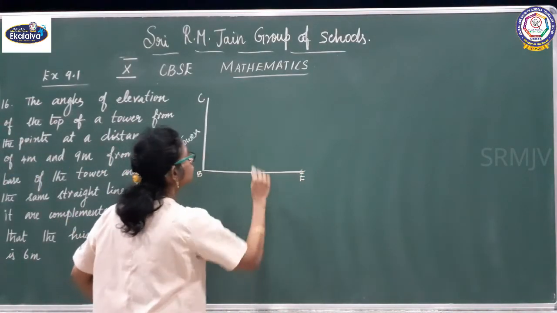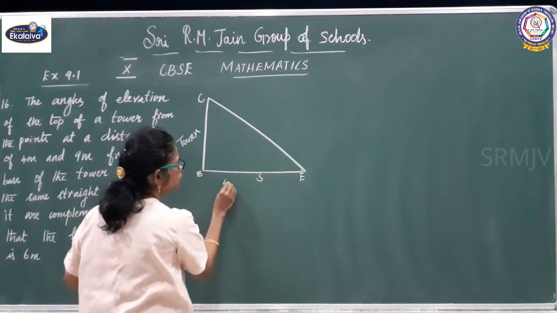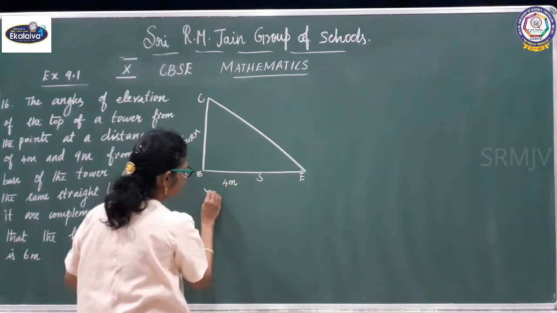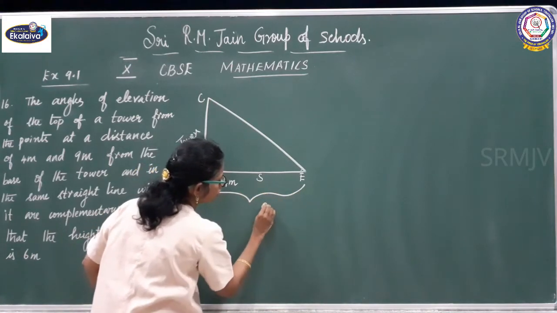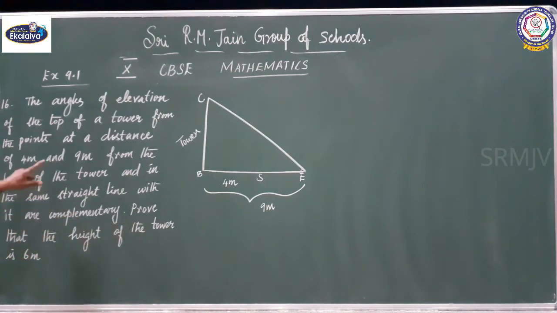You have to connect C to E. This is 4 meter. The total is 9 meter. How I said the total is 9 meter? They mention at a distance of 4 meter and 9 meter from the base of the tower.